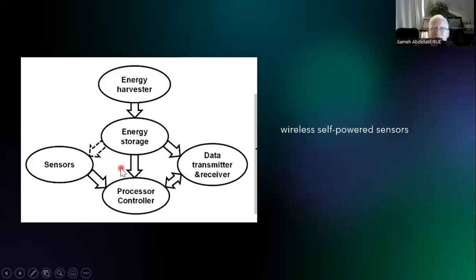So you have to step up, or boost, this voltage into the next stage, where you can control the data to be transmitted and so on. So generally speaking, each of these units is connected to the other using an interfacing circuit.